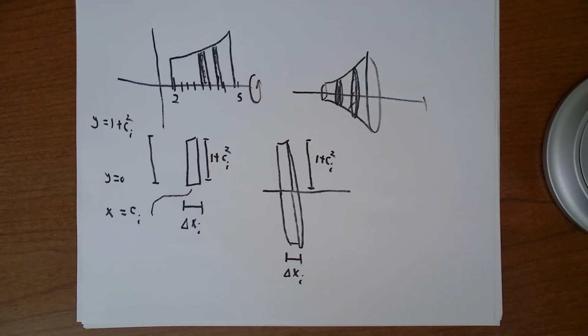But according to what we said a minute ago, the volume of something like this is pi times radius squared times perpendicular height. If we've been following the previous discussions, you see where this is going. To get an estimate for the total volume of the solid, I'll just add up all of these things, and then to make my approximations perfect, I'll take the limit as all of the delta x's go to 0, as the norm of the partition goes to 0.